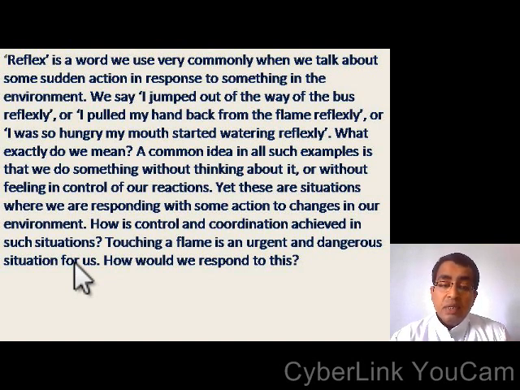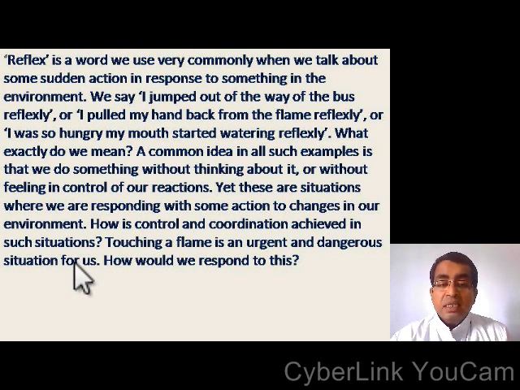What exactly do we mean? A common idea in all such examples is that we do something without thinking about it or without feeling in control of our reactions. Yet these are situations where we are responding with some action to changes in our environment. How is control and coordination achieved in such situations?